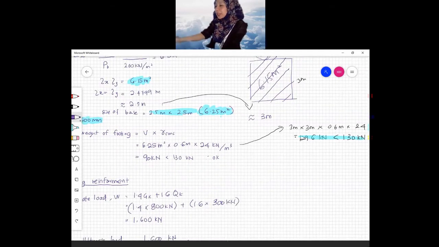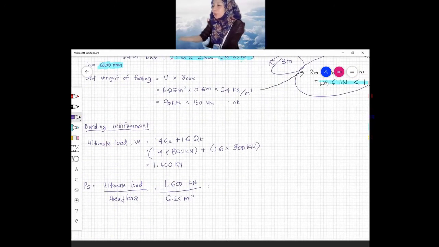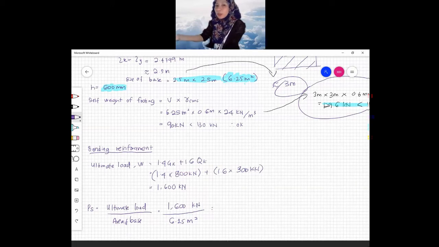Jangan pula you pakai this 9 meter yang ni, I buat contoh saja. Kita masih lagi follow this 6.25. So 1600 divided by 6.25 dapat 256 kilonewton per meter square.